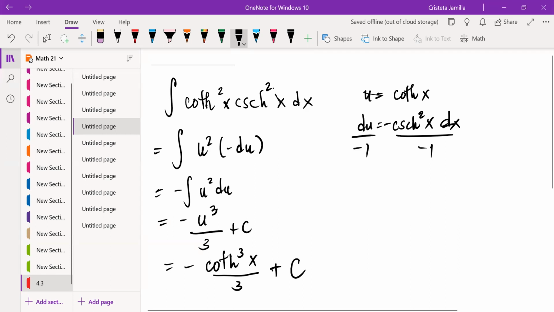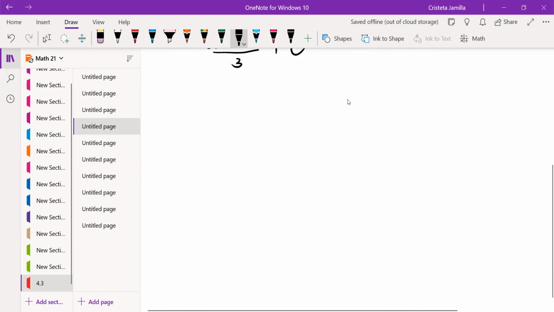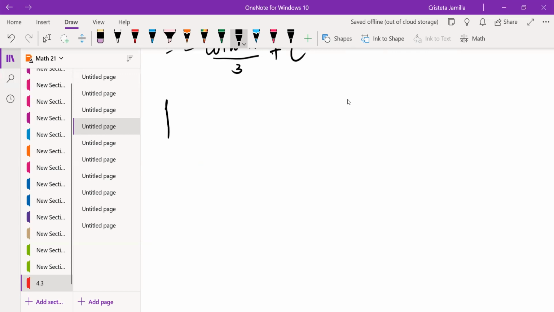This one, number 15. It's not working properly. Hyperbolic secant of x times 2 plus hyperbolic cotangent squared x dx. Okay.